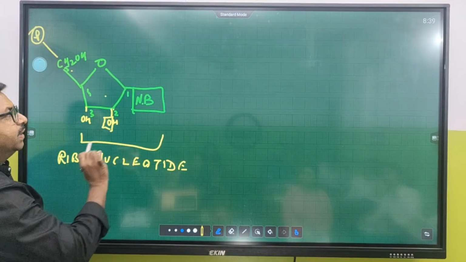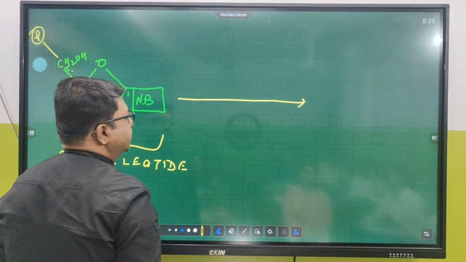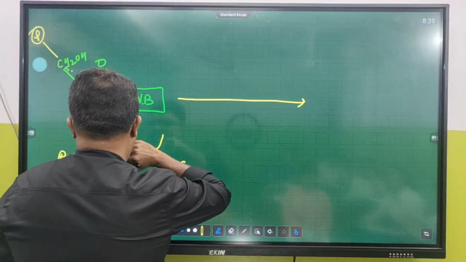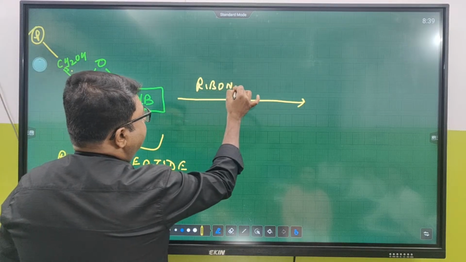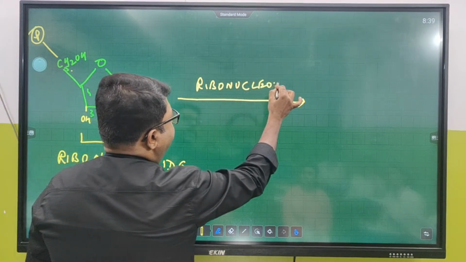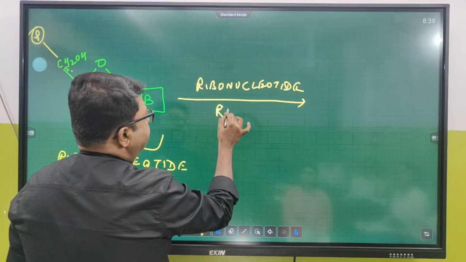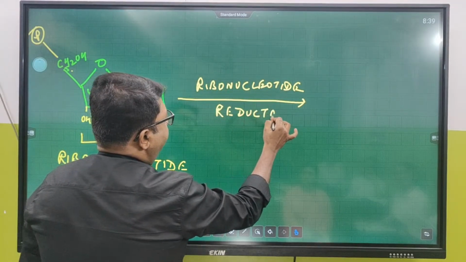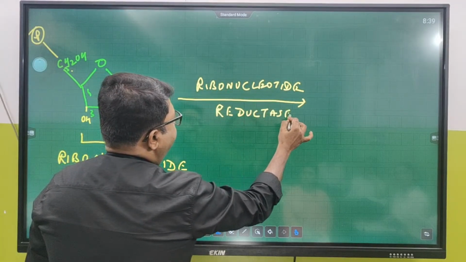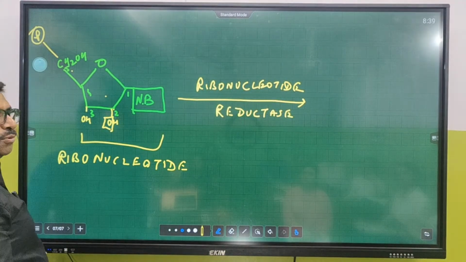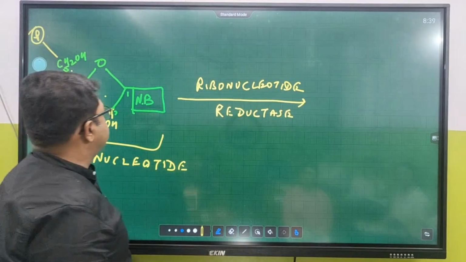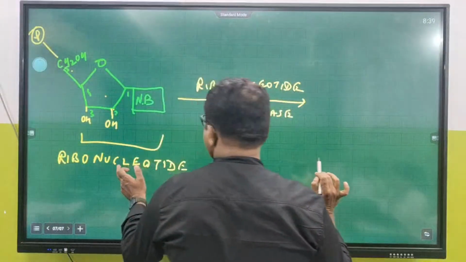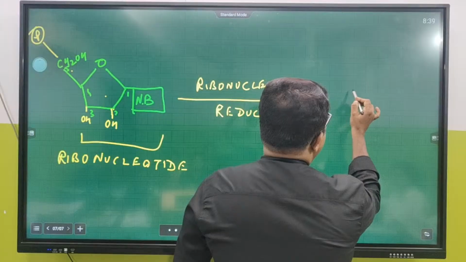Now, think about it. There is an enzyme called ribonucleotide reductase. What is it going to do? It is going to change this OH. This ribonucleotide will be changed into what?